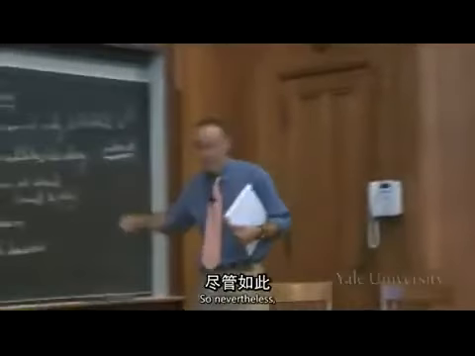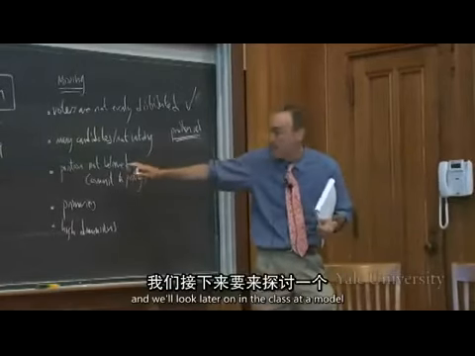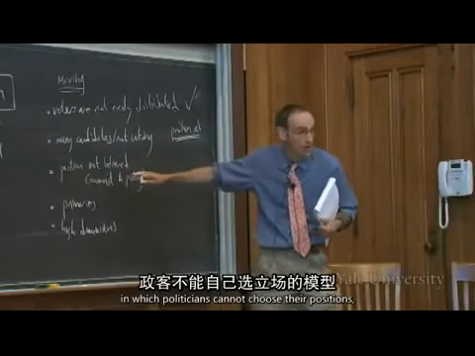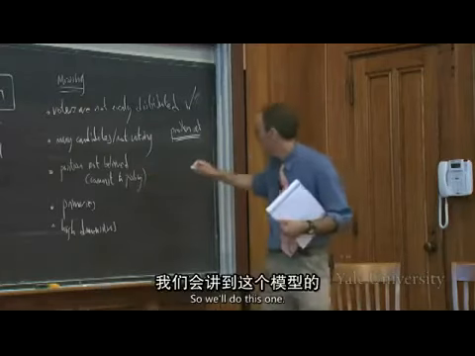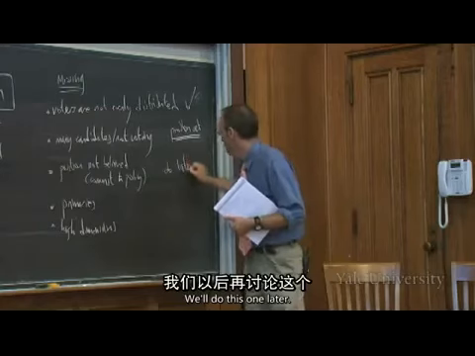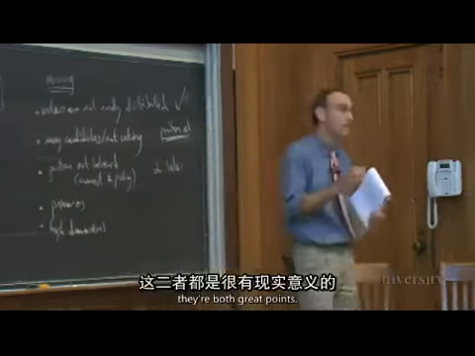All right? So nevertheless, even having given you that historical example, we're going to come back and we'll look later on in the class at a model in which politicians cannot choose their positions, but rather you know their positions ahead of time. So we'll do this one later. Right? And these other two, primaries and higher dimensions, they're both great points.